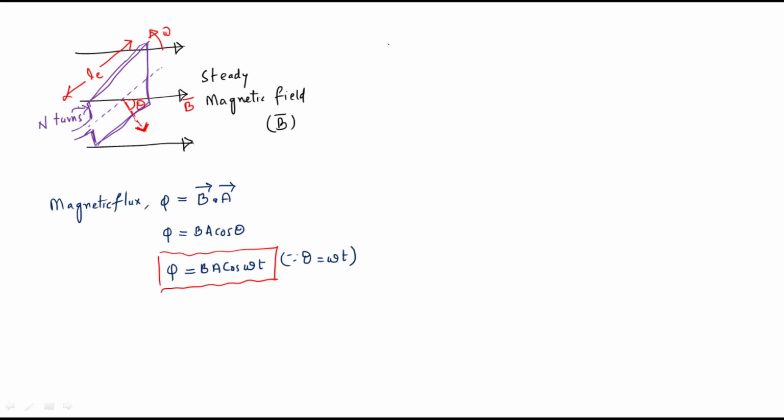In order to get the EMF, we all know that the induced EMF, or dynamically induced EMF, ED, equals minus n d phi by dt, which is nothing but minus d by dt of n phi, right?